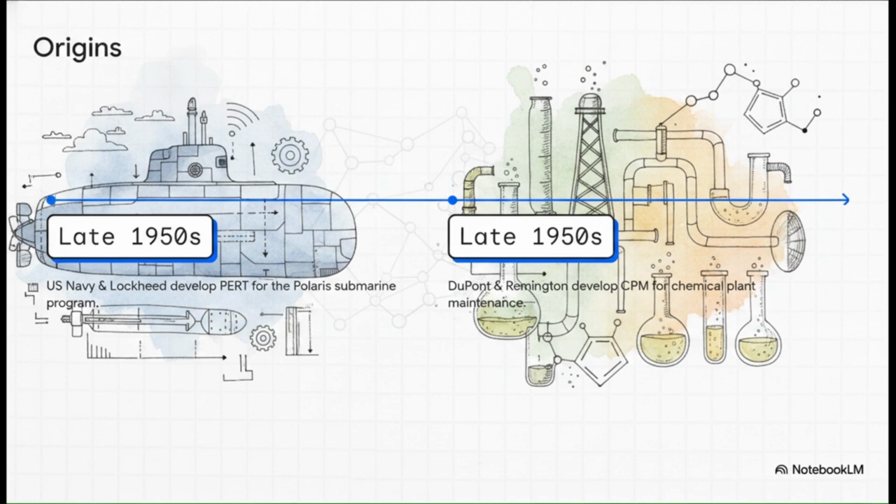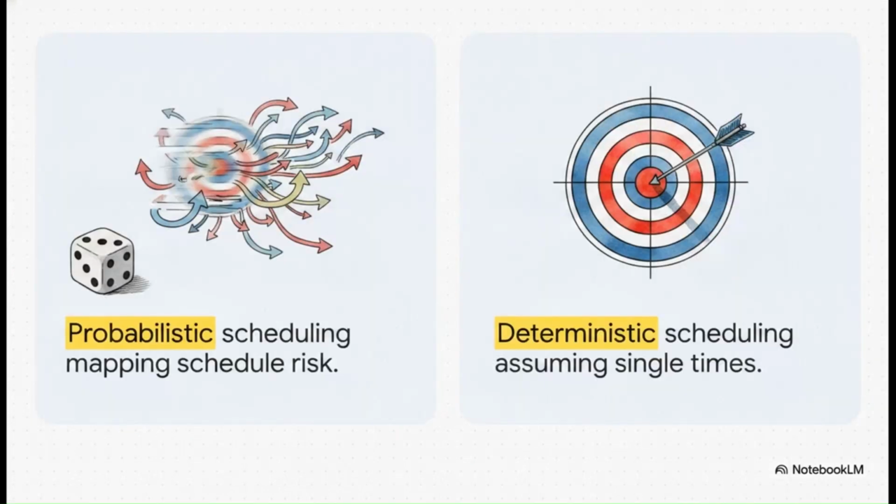Now you really want to notice the core philosophical difference between these two approaches. CPM was built for maintenance tasks that had been done 100 times before. It assumes a deterministic single point activity duration. It assumes certainty. PERT, however, treats time as probability.